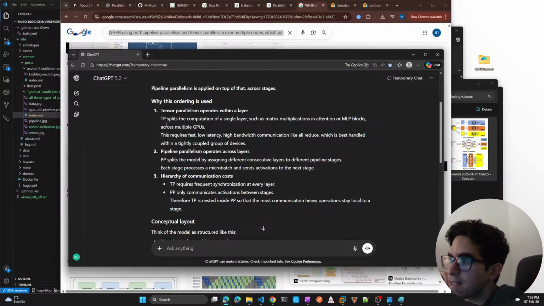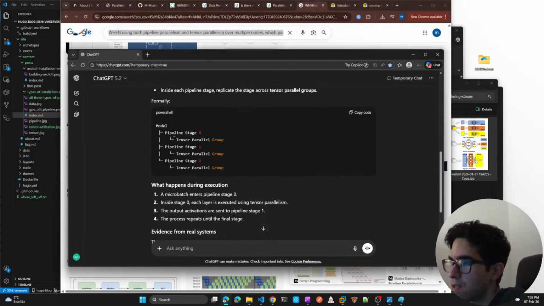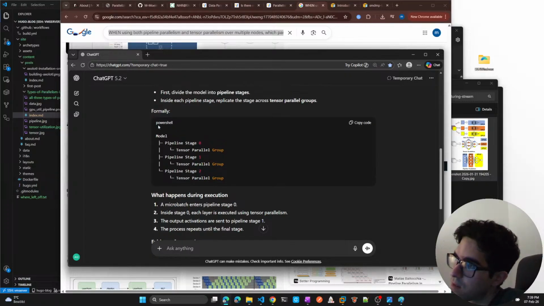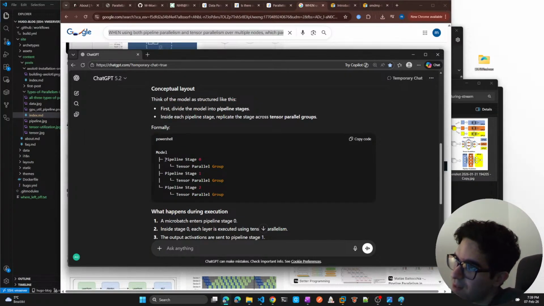So yeah, it says that the model pipeline stage 0 tensor parallel group.